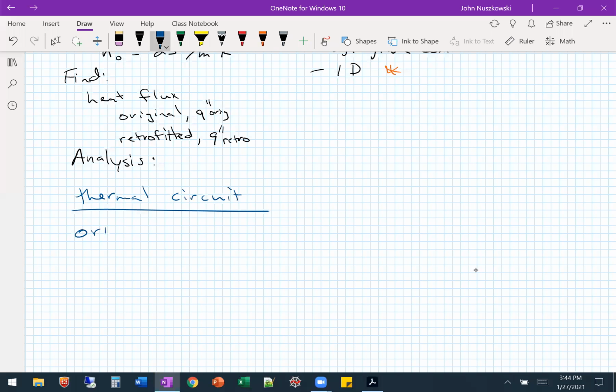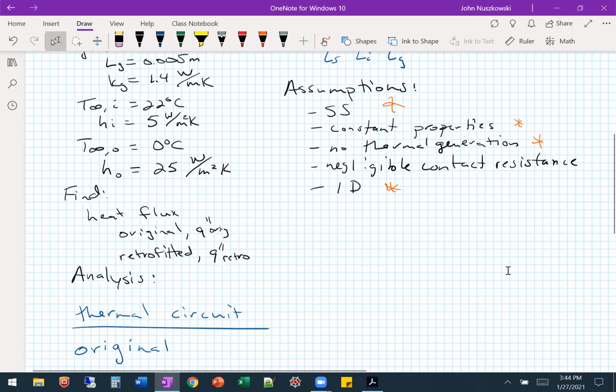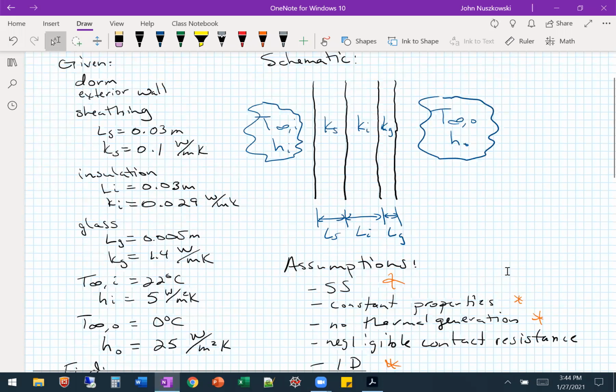So if we look at the original, before it was retrofitted, how many resistors do we have in this network or in the circuit?